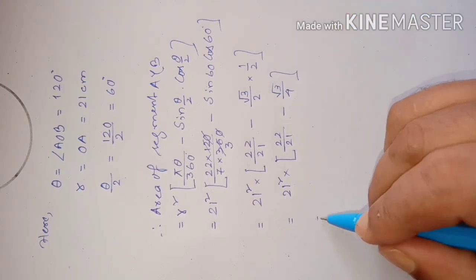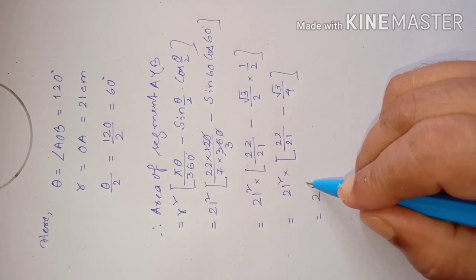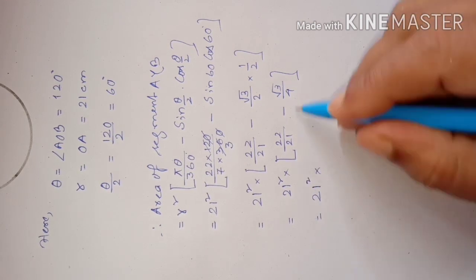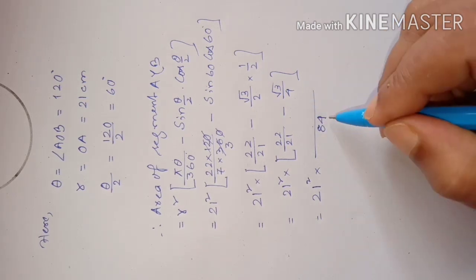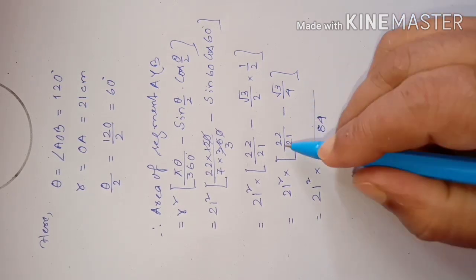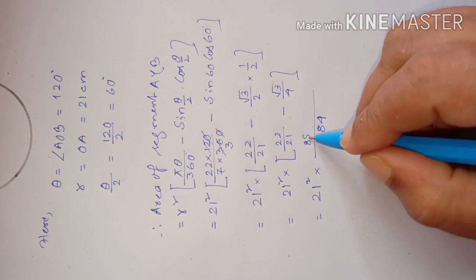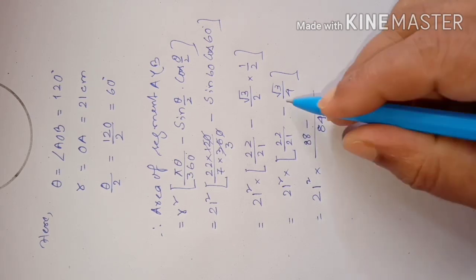So 21 square into LCM is 84. 21 into 4, 84. 21 4 times into 22, 88. Minus 4, 21 times 21 root 3.